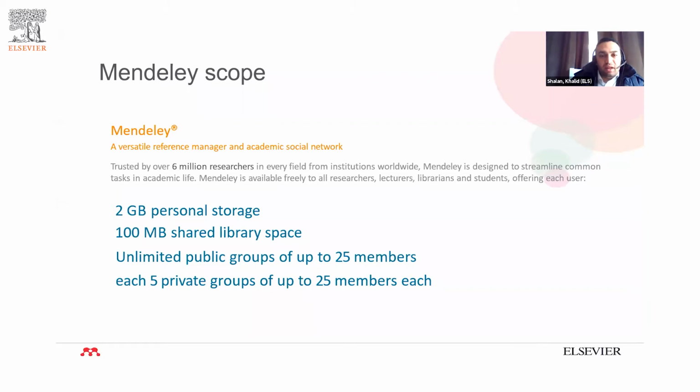That being said, private groups are the ones created for sharing your papers, so you can share any paper no matter what its content is, and the majority of publishers are okay with private sharing of papers. You can create up to 5 private groups, and each of those private groups could go up to 25 members.